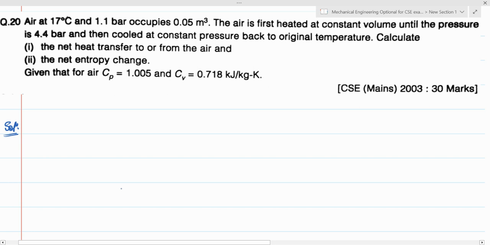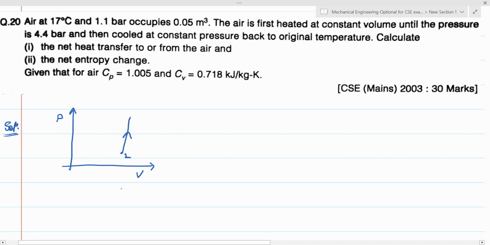First of all, we have to make a PV diagram always in a thermodynamics question. This is a major requirement to solve a thermodynamics question. Given is state 1. It is heated at a constant volume, so the pressure will increase.